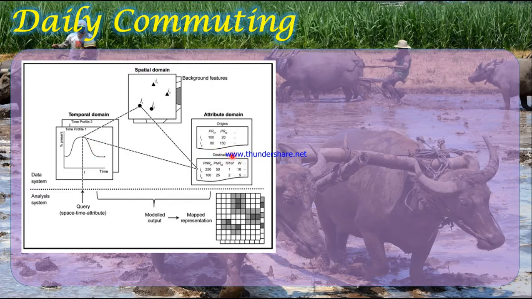And then the attribute domain will show how many people in the same location at the same time. And then all of domain will be presented in a map. This figure, mentioned by Martin et al. in 2015.